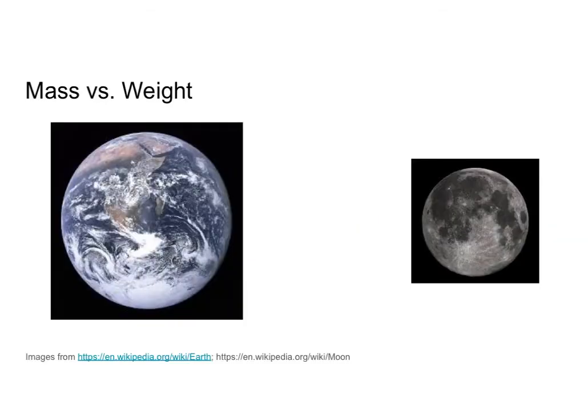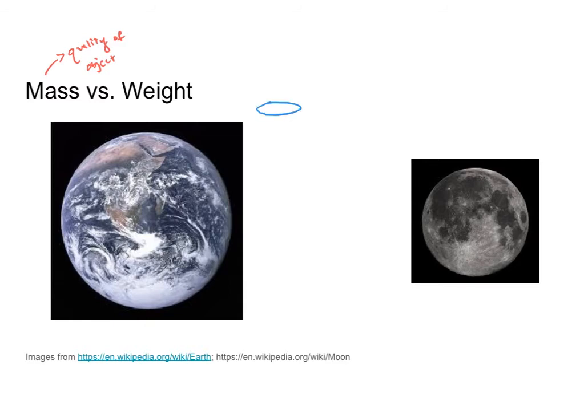Now, I did want to talk about one last thing before we continue, before we finish up this video, and that is mass versus weight. So mass is a quality that is inherent to an object. So think about my coffee mug, which you guys see pretty often, right?